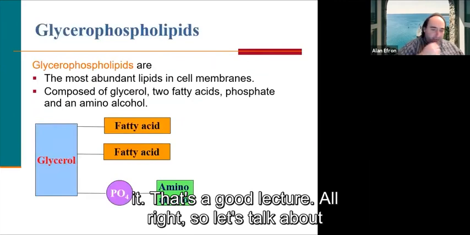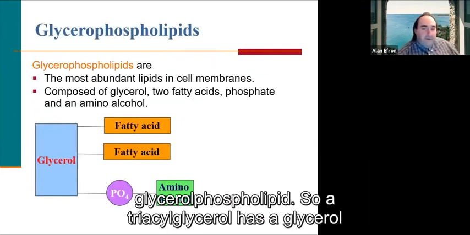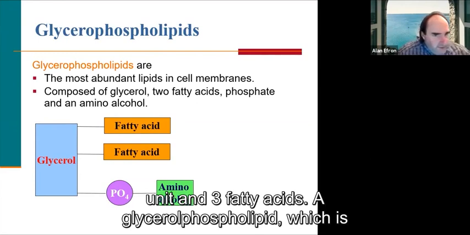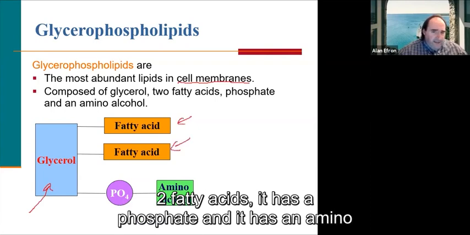So let's talk about another type of lipid, which is sometimes referred to as a glycerol phospholipid. A triacylglycerol has a glycerol unit and 3 fatty acids. A glycerol phospholipid, which is found in cell membranes, also has that glycerol unit. It has 2 fatty acids, a phosphate, and an amino alcohol.